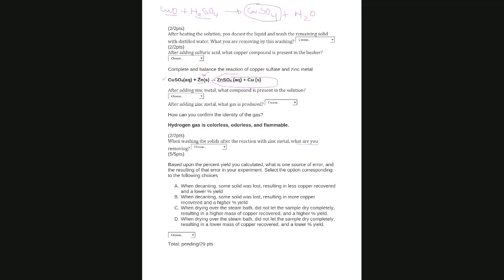We want the copper clean. And basically that's it. The last question is about whether the recovery is higher or lower than 100, and by now you will figure out what to answer.